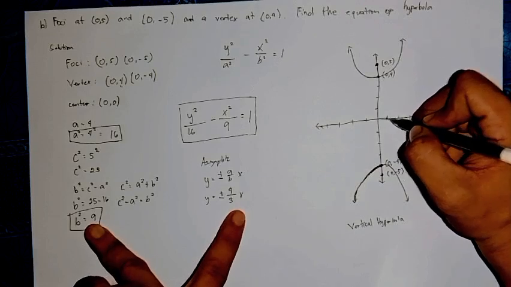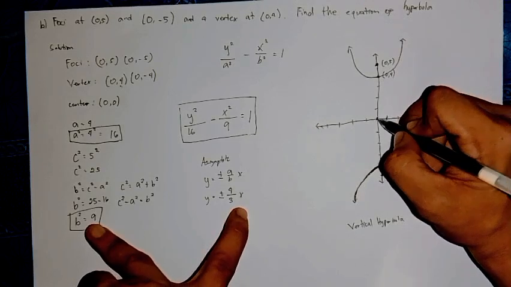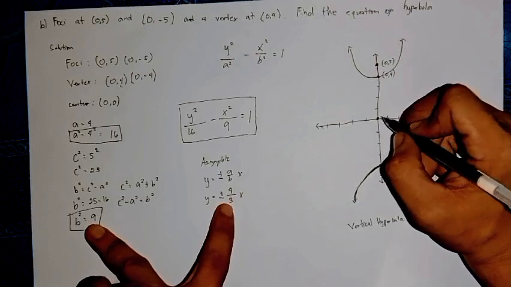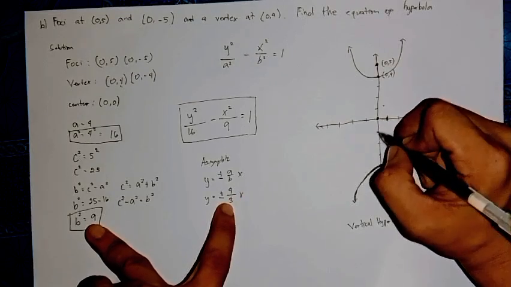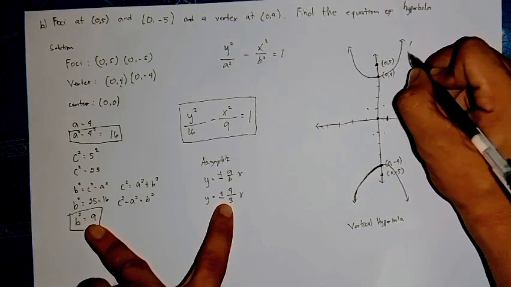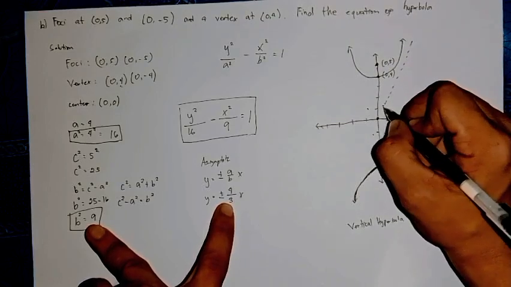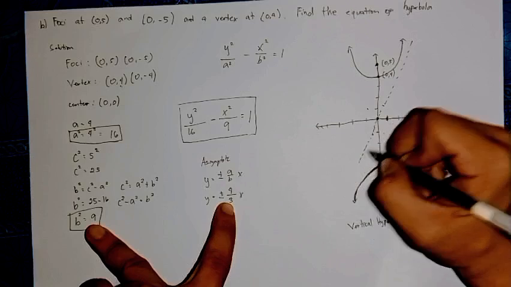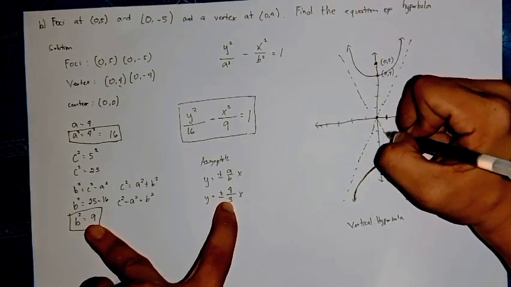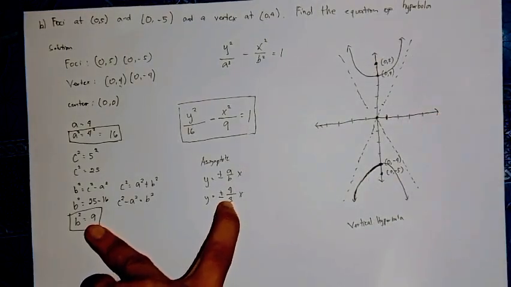Since the center is the origin, the asymptote looks like this. Same with the other side. So the graph looks like this.